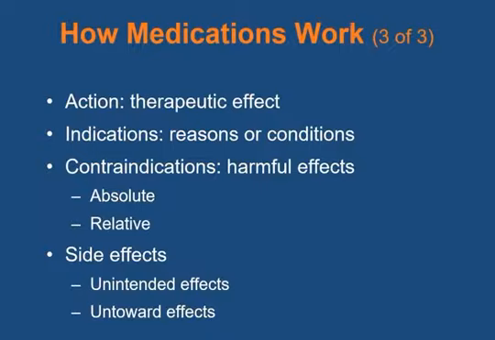Side effects are any actions of a medication other than the desired ones. Unintended effects are side effects that are undesirable but pose little risk to the patient. Untoward effects are effects that can be harmful to the patient.